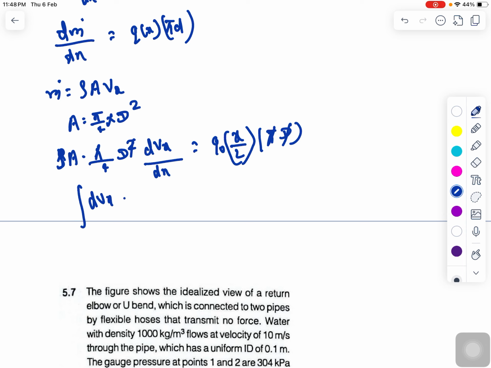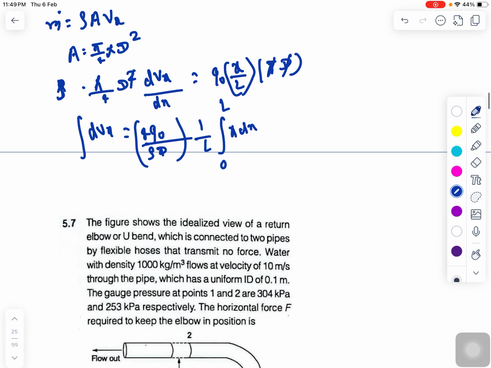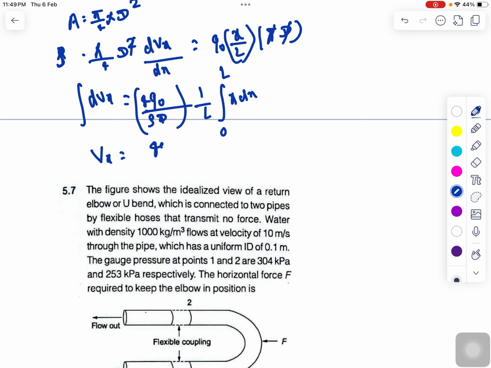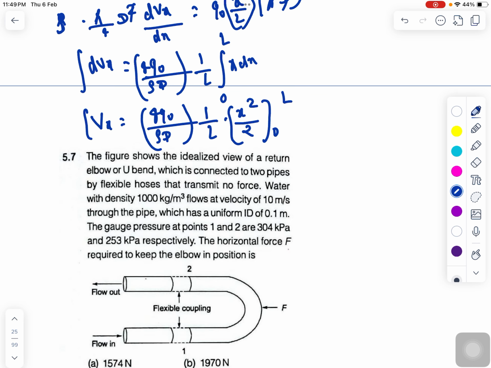So the integral of dvx equals 4 q naught by rho d, and the area is removed now because we have substituted, and then 1 upon L and x dx, from 0 to L. So vx will be 4 q naught divided by rho d into 1 by L into x square by 2, from 0 to L. So vx will go from v naught to vl or vx.